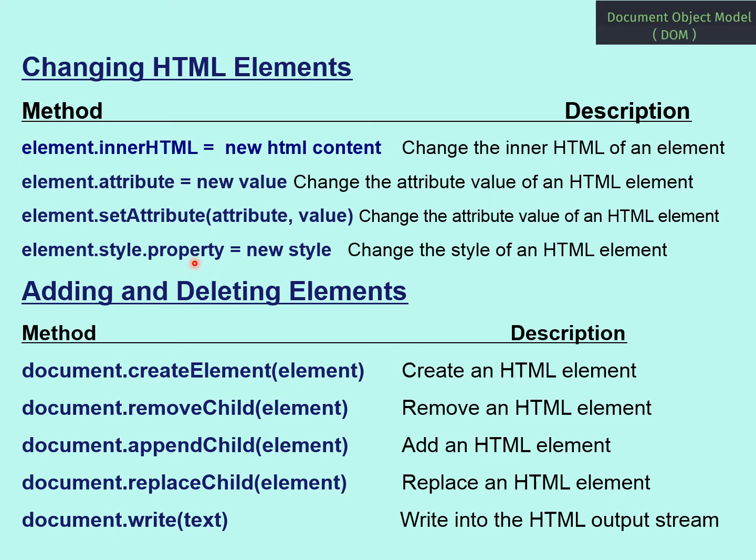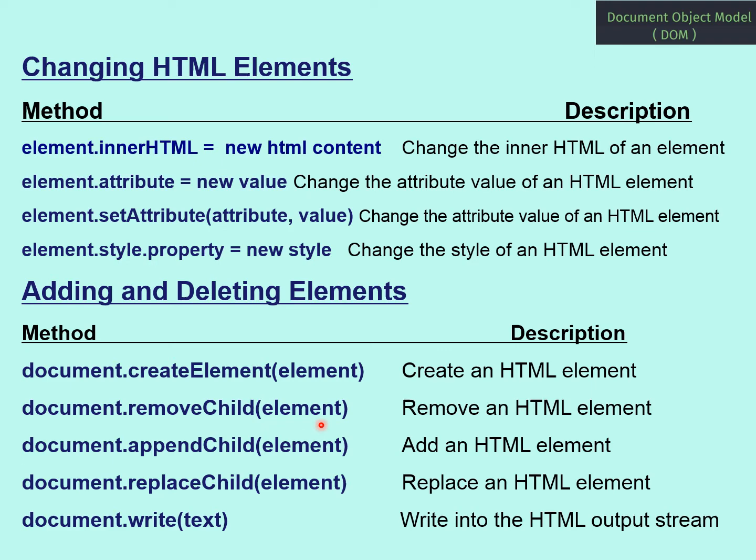element.style.property. Now we can see how we can add and delete elements in the DOM. Document.createElement with the element as argument. This method is responsible for creating an HTML element. Another function is document.removeChild(element).